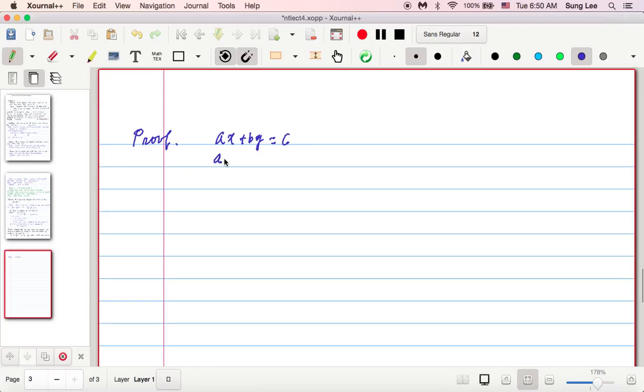We also know ax naught plus by naught is a solution, so it satisfies ax naught plus by naught equals c. What I'm going to do is subtract this.